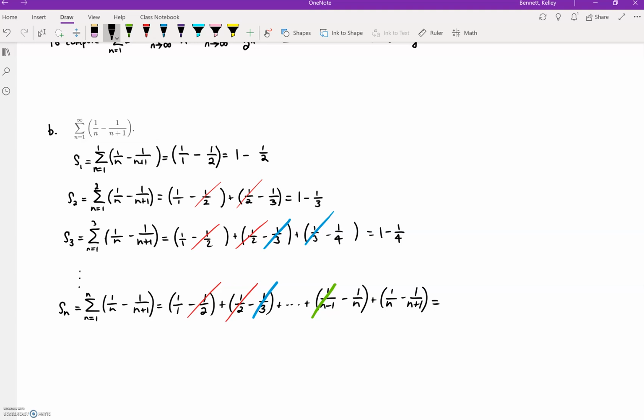Okay, super. So then we're also going to have the cancellation of 1 over n and 1 over n. So what we're really left with, the only thing that survives is the very first 1 over 1, and the last guy 1 over n plus 1. So this is actually what we call a telescoping series.